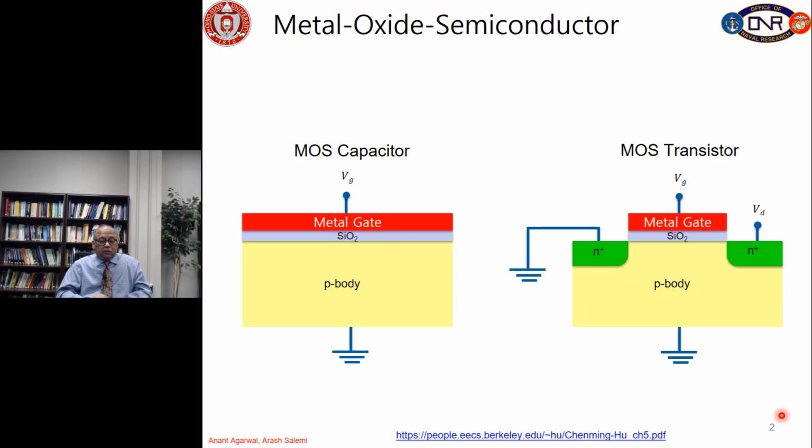So here is what we are talking about. On the left hand side is a MOS capacitor. It is called MOS because of metal-oxide-semiconductor. So essentially what we are showing here is a p-type semiconductor, could be silicon carbide. We are showing a thin layer of SiO2.